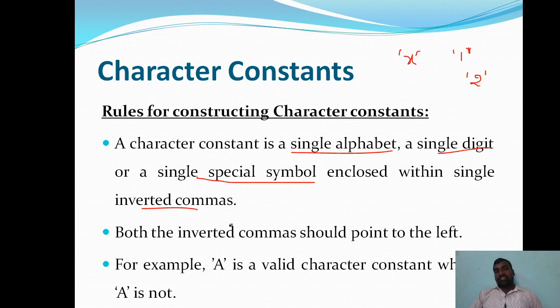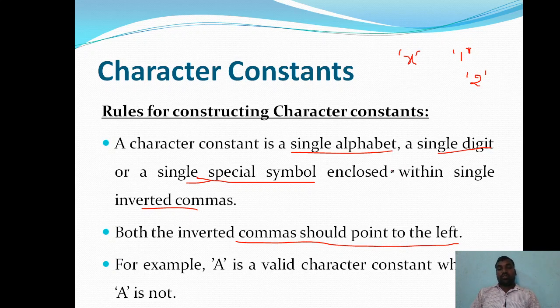Okay, are you getting the point? So whatever alphabets or characters are surrounded by single quotes, we can call it a character constant, but that must be a single one. And next, both inverted commas should point to the left.